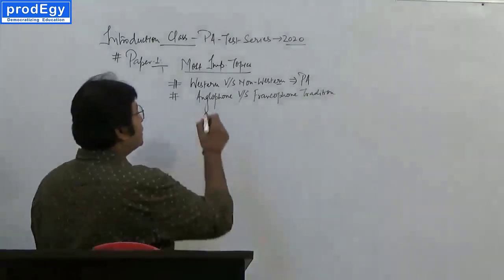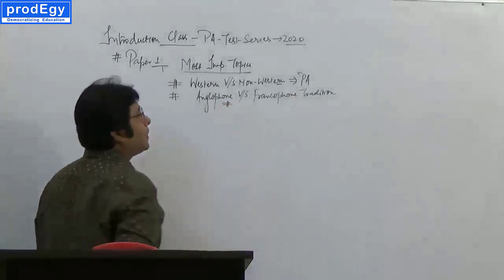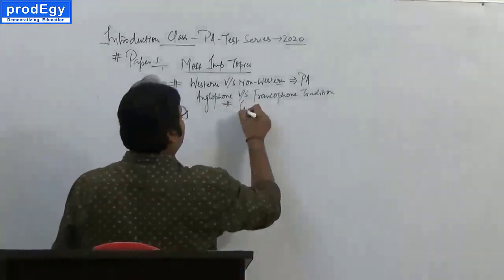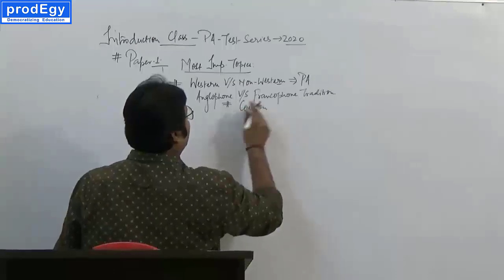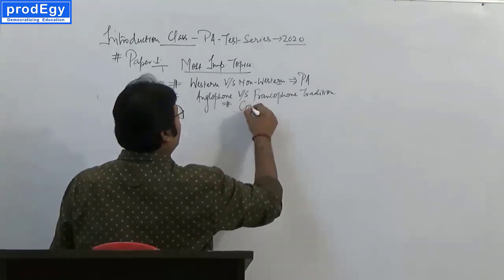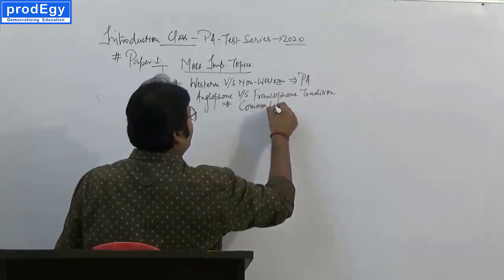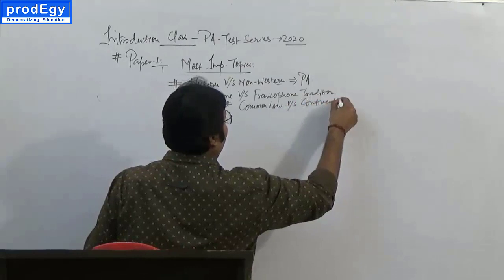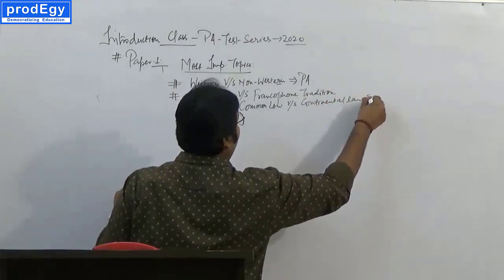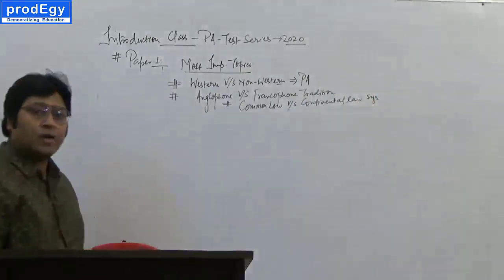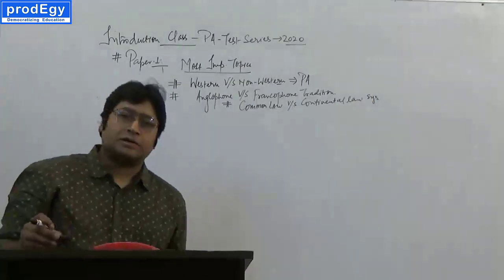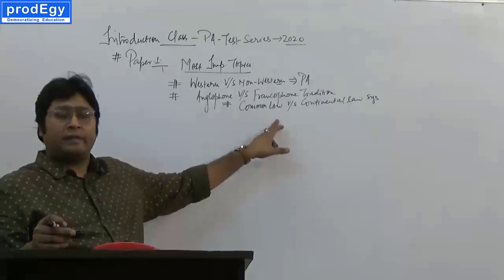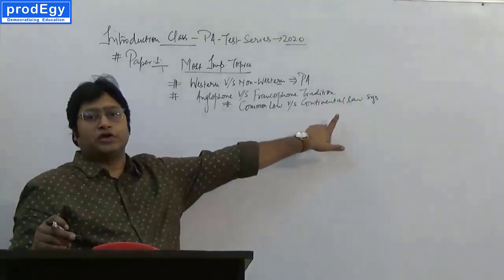Within this, you can talk about the common law versus the continental law system. Right? The British, American, Indian, the French and German traditions.